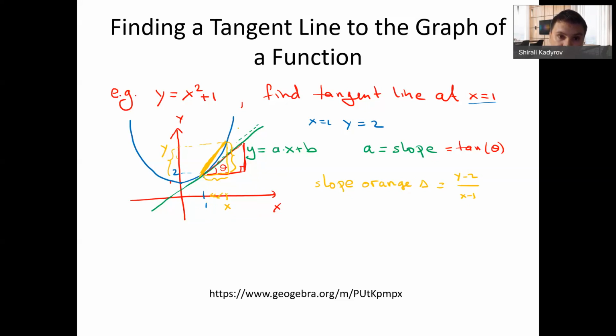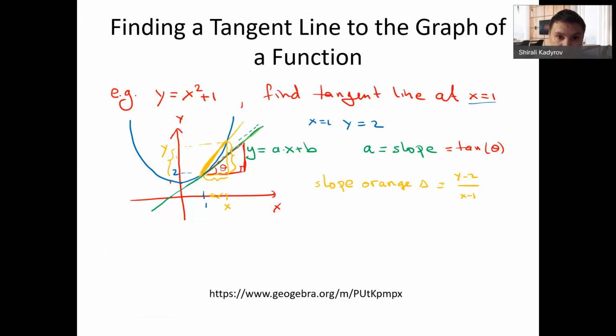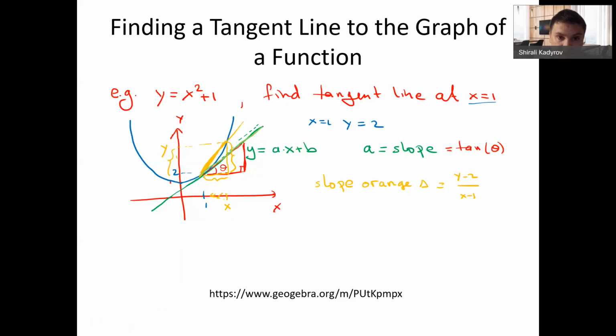Then this orange line will approach the green line that we are looking for. If I keep decreasing the distance, approaching x to 1, it will slowly approach this green one.